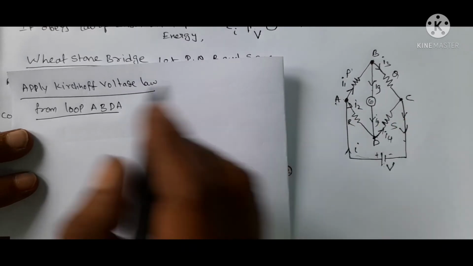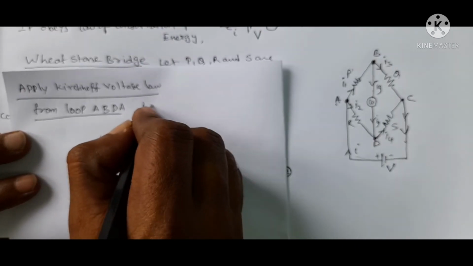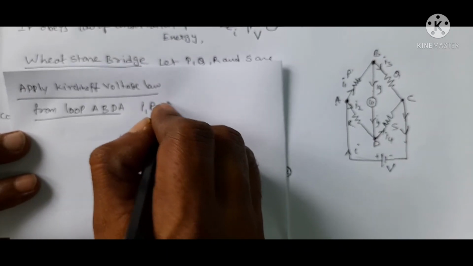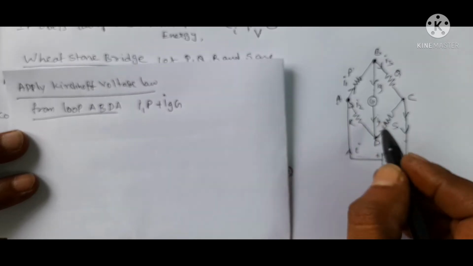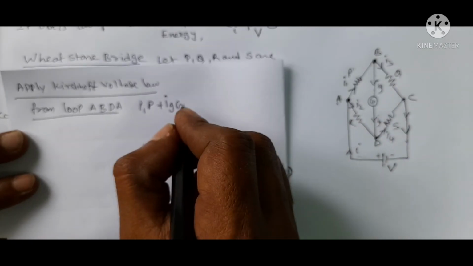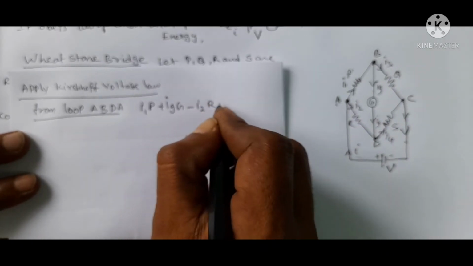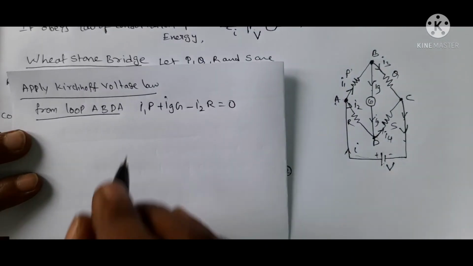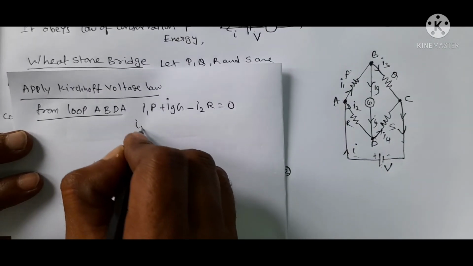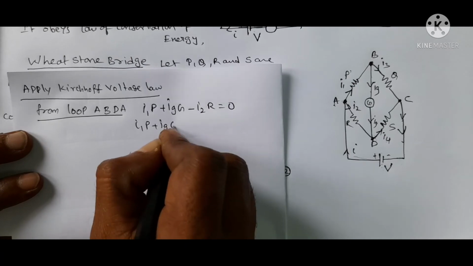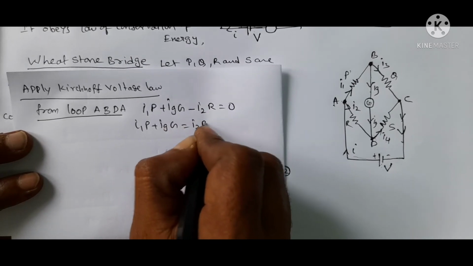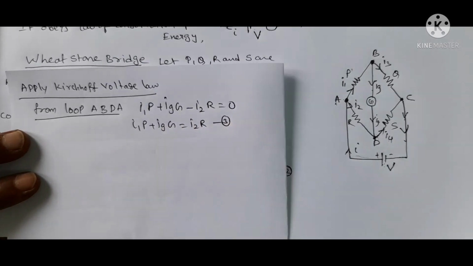So from this diagram I can write I1P plus IgG minus I2R is equal to 0. For my convenience, I1P plus IgG is equal to I2R. Let it be equation number 3.